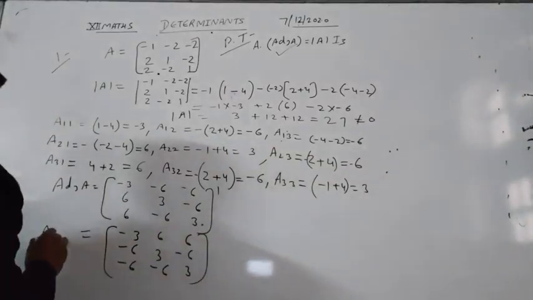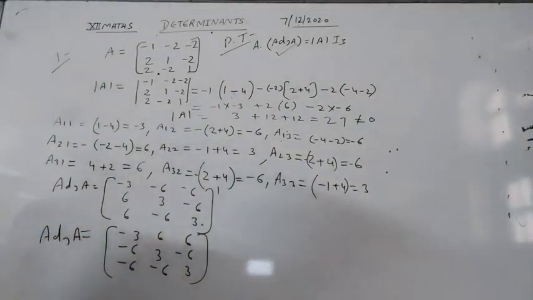So our adjoint of A will be: minus 3, 6, minus 6, 3, minus 6, minus 6, 3.